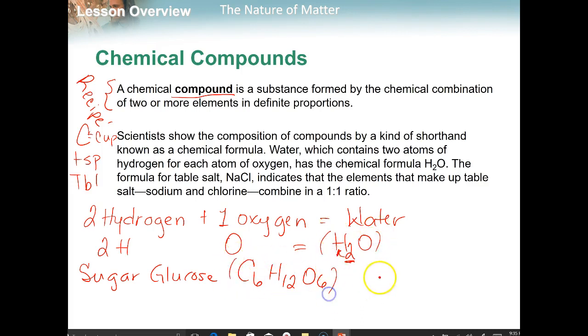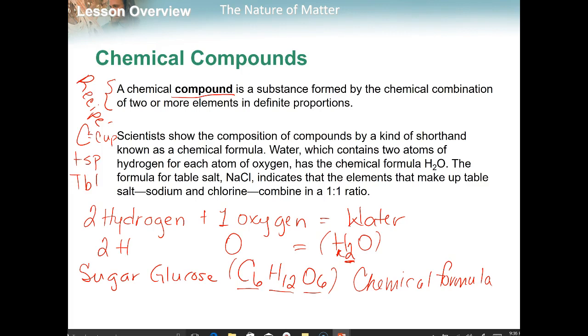These are chemical formulas, and they tell us how many atoms of each element we need to make that particular substance. We were just leaving off with sugar, glucose, which needs 6 carbons, 12 hydrogens, and 6 oxygens to make it up.